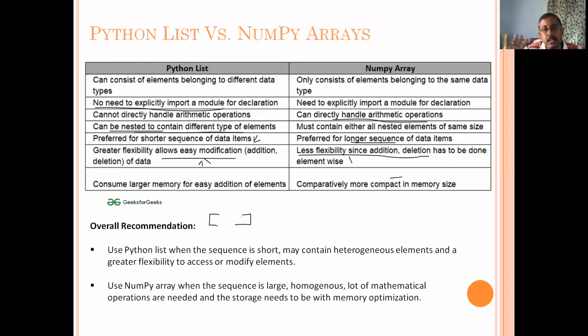Whereas when the sequence is larger and there is a lot of intense mathematical calculations involved, specifically calculations like additions or subtractions element wise, and also there's a need for memory optimization, then you should go for NumPy arrays. That is much more flexible, right?